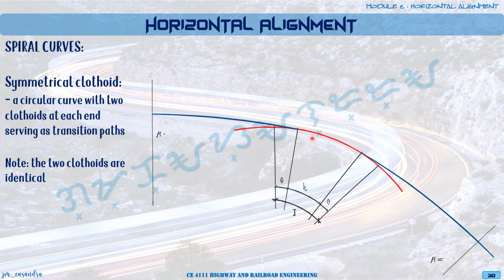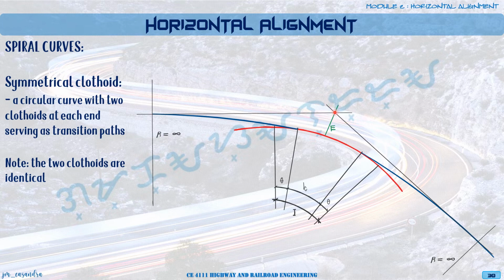Okay? So from here, we now have the radius of the spirals, which is approximately equal to infinity, or it simply means that the radius of the spiral is far greater than the radius of our circular curve. Then we have the tangents to the spiral.